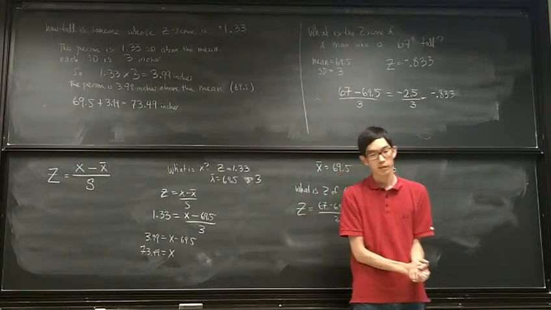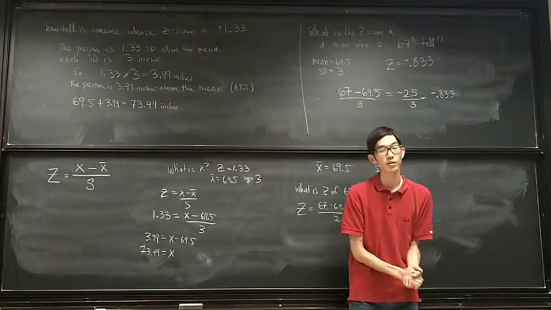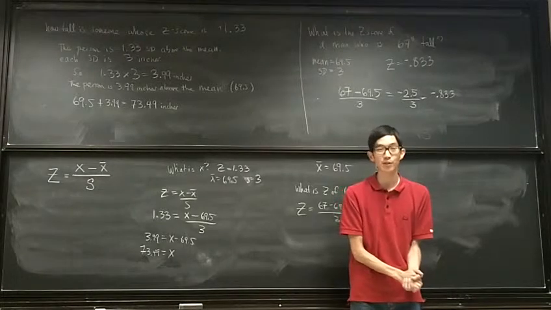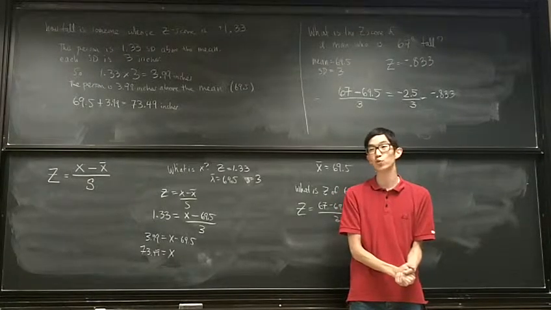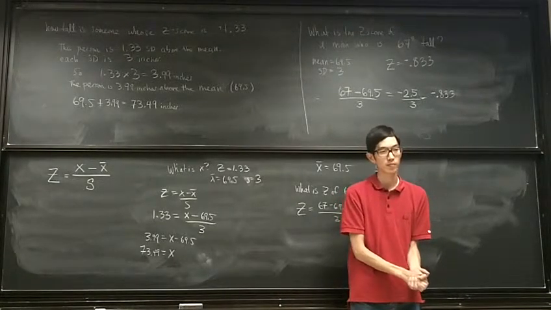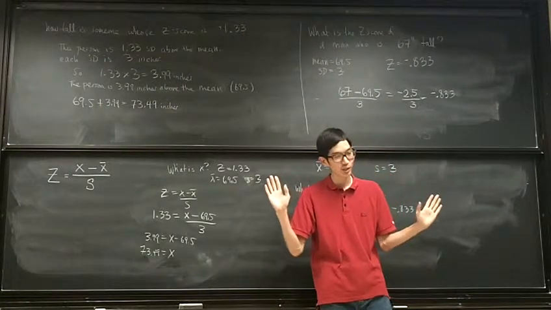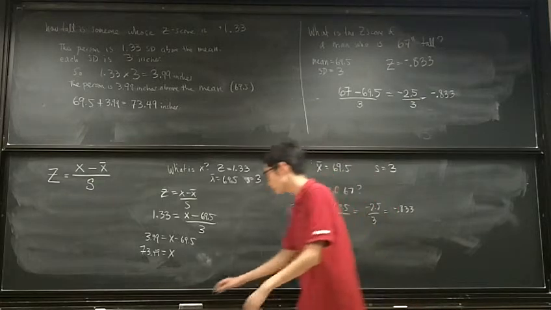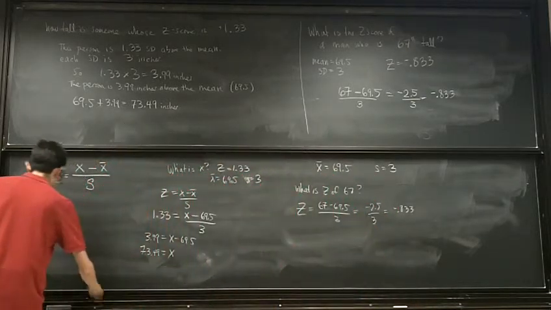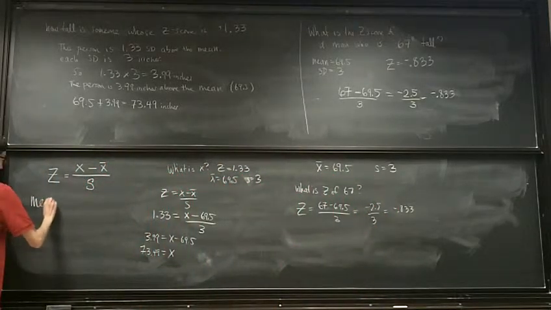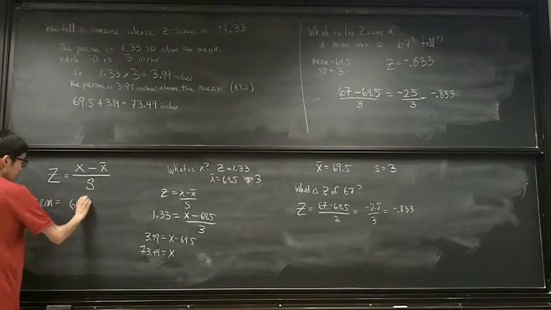Okay. So in your brain, see if you can tell me how tall is a woman whose z-score is 1. Don't blurt it out. All right, so I'll put this on the board. The mean height is going to be 64 inches.